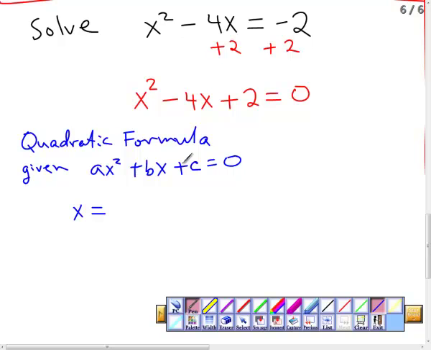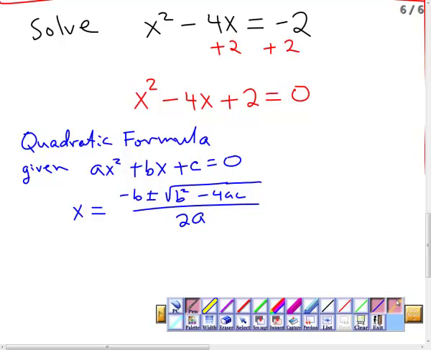If your variable is z, you would put z here, and so on. Negative b plus or minus the square root of b squared minus 4ac, and we want to make sure that goes all the way across, divided by 2a. And that's our quadratic formula.